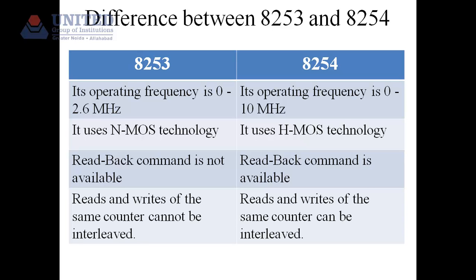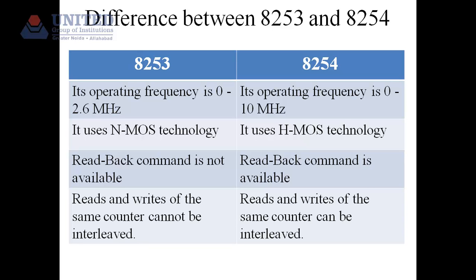Now we'll see the basic difference between 8253 and 8254. 8253 happens to be the basic IC. Its operating range is between 0 to 2.6 MHz, whereas the operating range of 8254 is from 0 to 10 MHz. The basic 8253 uses negative MOS technology, that is NMOS, and the 8254 uses high performance, that is HMOS technology.